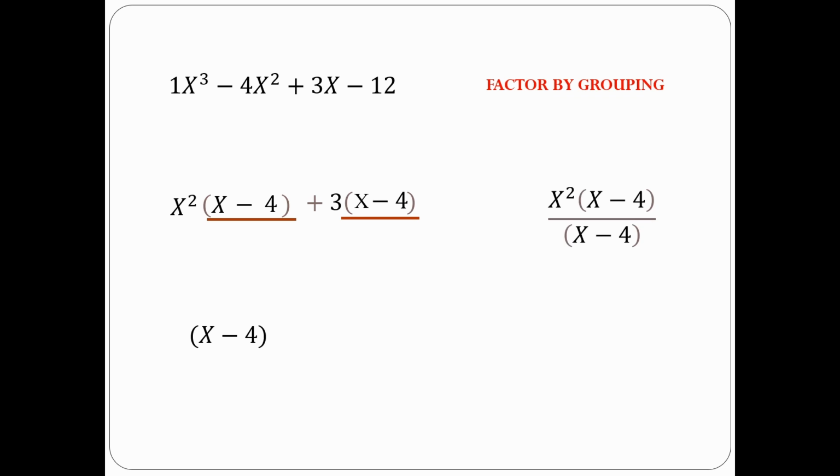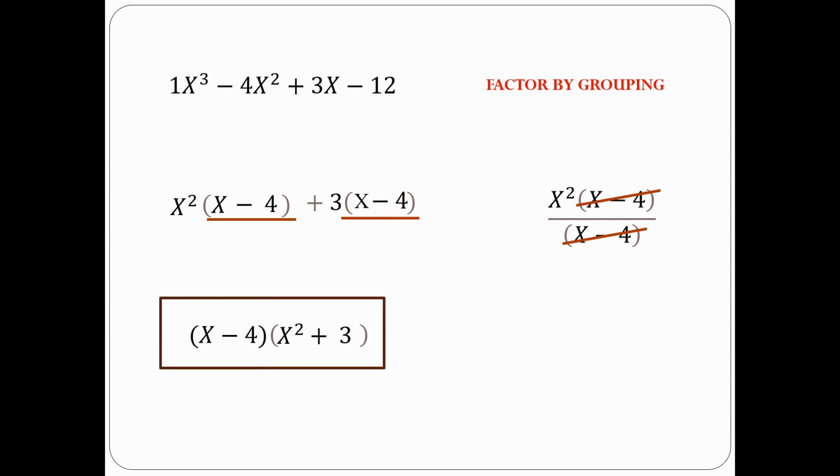If you take x squared times x minus 4 and divide by x minus 4, the x minus 4 will cancel, leaving x squared. And if you take this one divided by x minus 4, then x minus 4 will cancel, leaving only positive 3. So our final answer is x minus 4 times x squared plus 3.